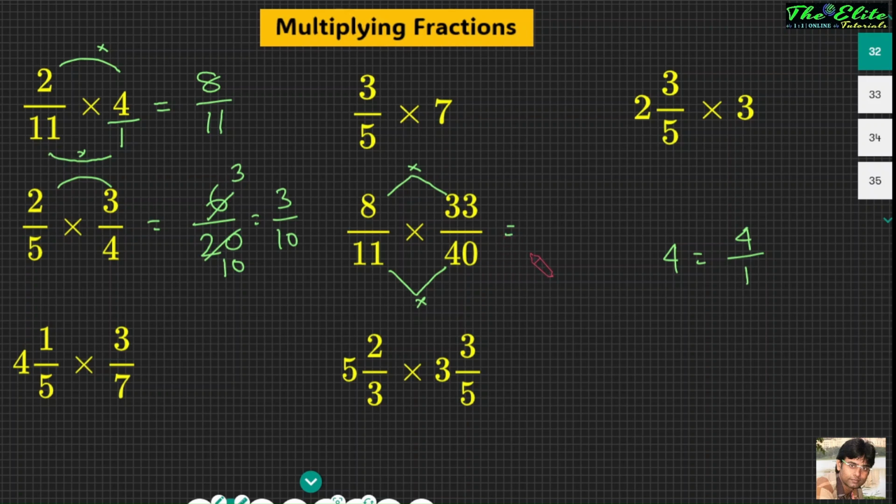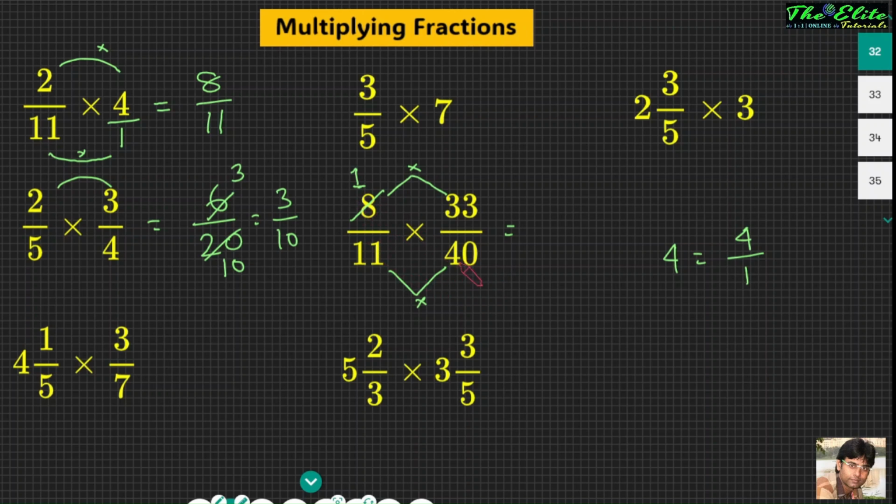So to make your work easier, you have to see if we have any common factors between the numerators and the denominators. You can pick a numerator and any of the denominators to check whether there is any common factor. I can see that 8 and 40 have a common factor, that is 8 itself. So we will cancel this 8 by dividing by 8.